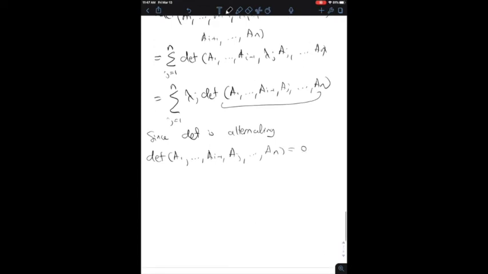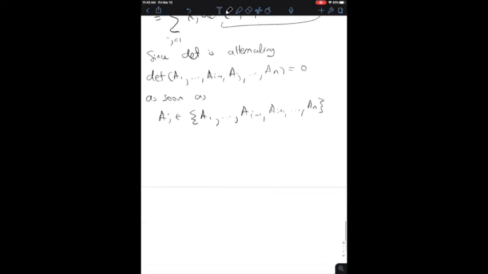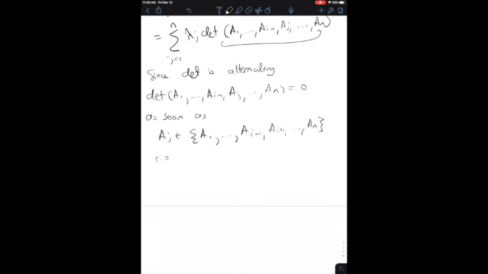So this term here is 0 as soon as the column Aj is in the set of the other columns, which is the same as saying that j is not equal to i.